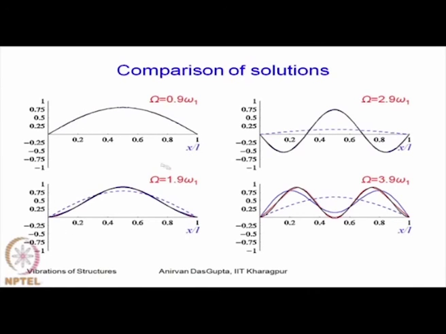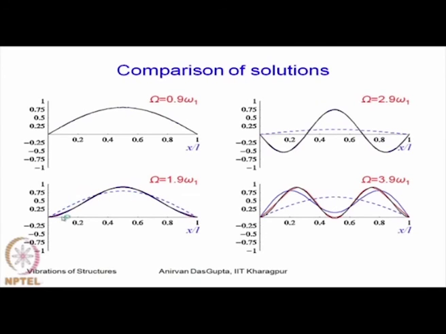This is when you force it close to the second natural frequency. So, 2 times omega 1 is actually omega 2 for a string, as you know that they are integral multiples of the fundamental frequency. So, the forcing is close to the second natural frequency. This dashed curve is the series solution with only one term.